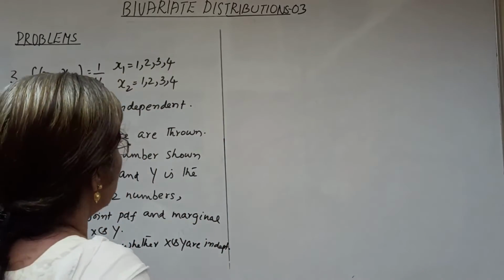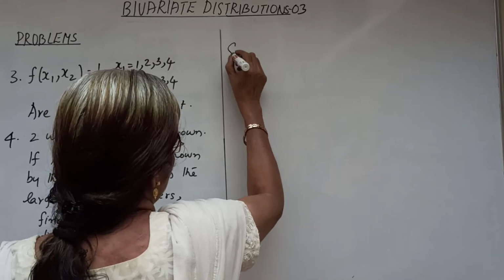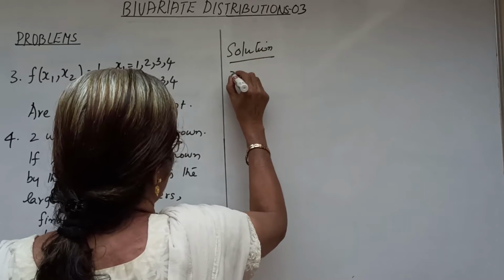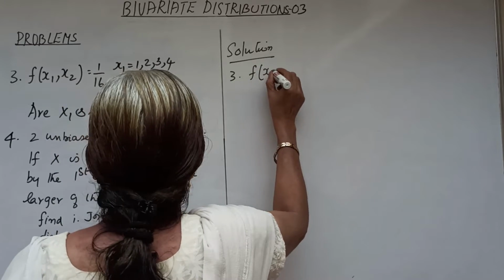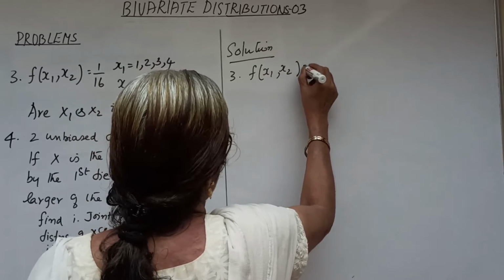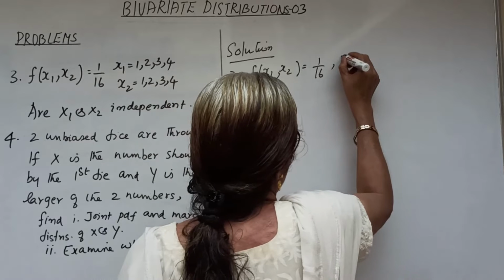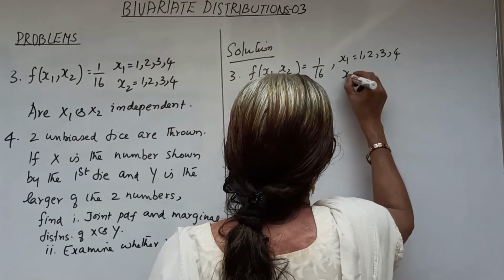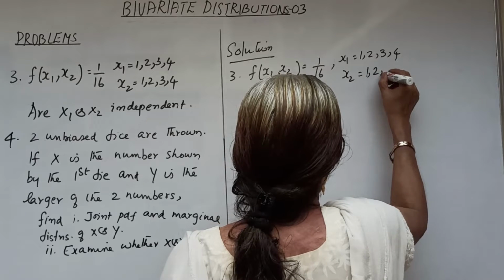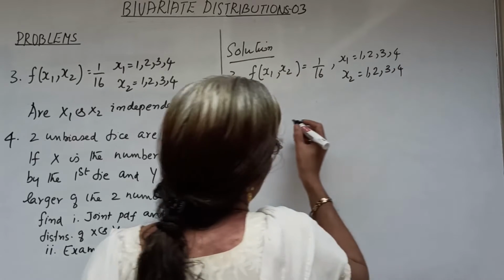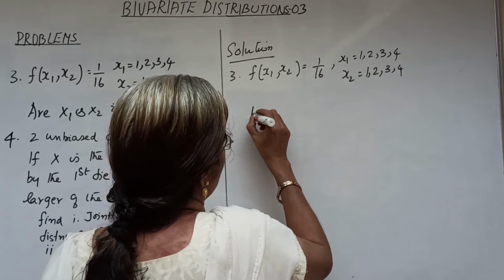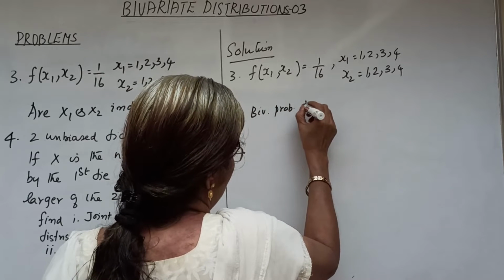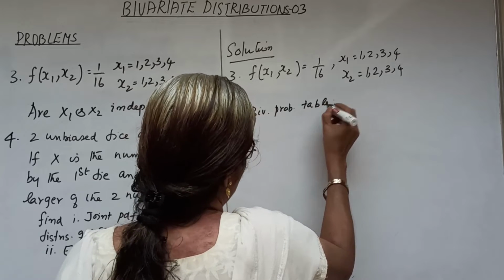So here we are given f of x1, x2 as equal to 1 by 16 for x1 equal to 1, 2, 3, 4 and x2 also the same values, x2 equal to 1, 2, 3, 4. Let us consider this in table form, that is, the bivariate probability table can be obtained as follows.